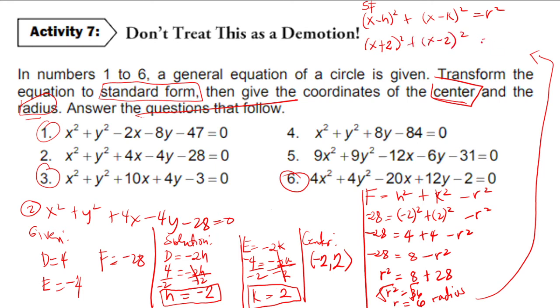Okay? And then, R natin is 6, so 6 square. And then, final na tayo, standard form: x plus 2 quantity square plus y minus 2 quantity square is equal to 36. So, yun na ang ating standard form.